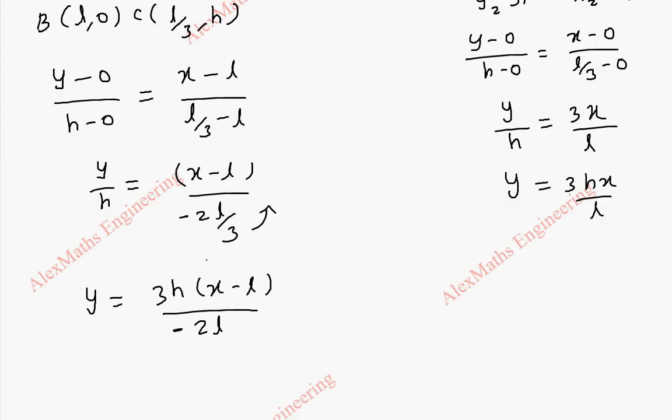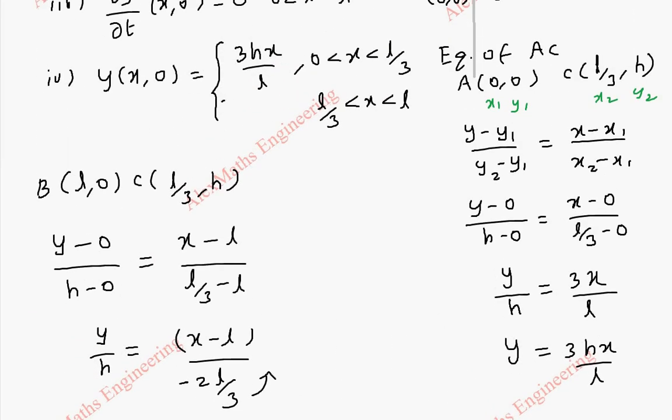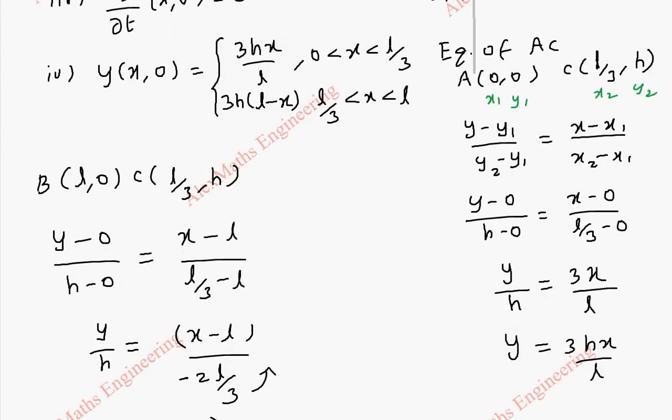I'm going to take the minus sign inside, so this will become 3h into L minus x by 2L. So we keep this here: 3h into L minus x, whole divided by 2L.